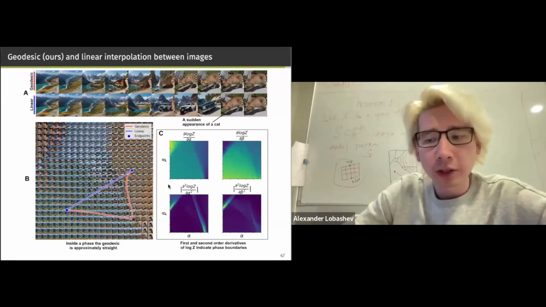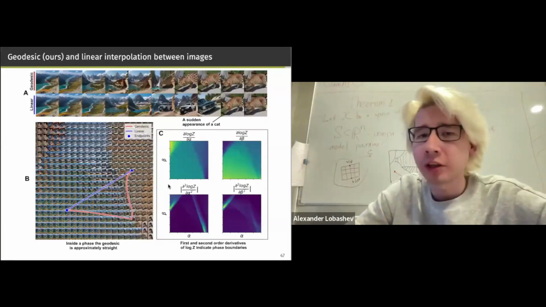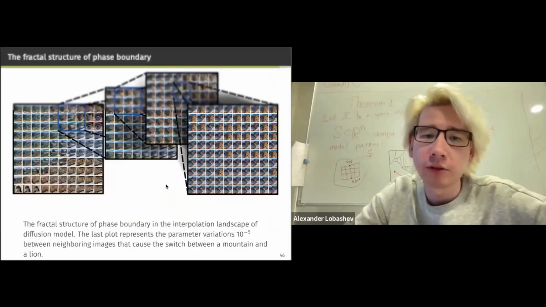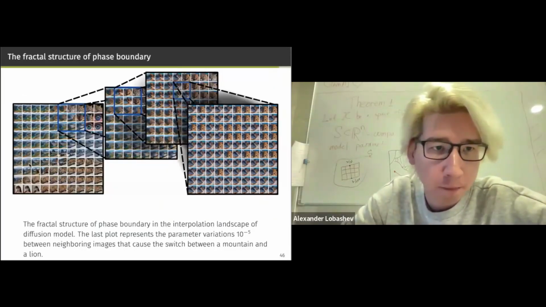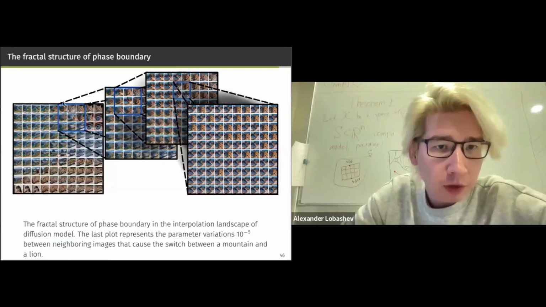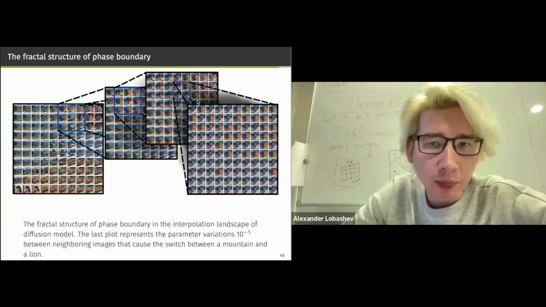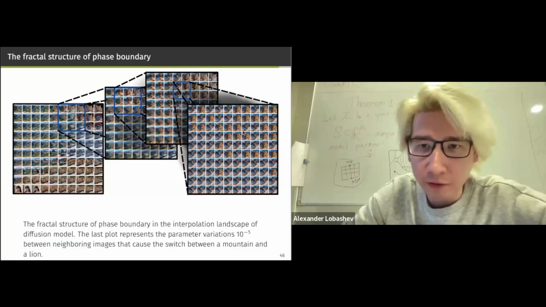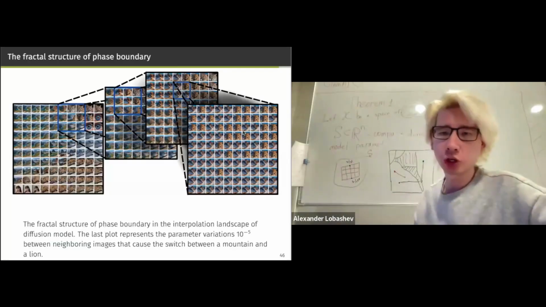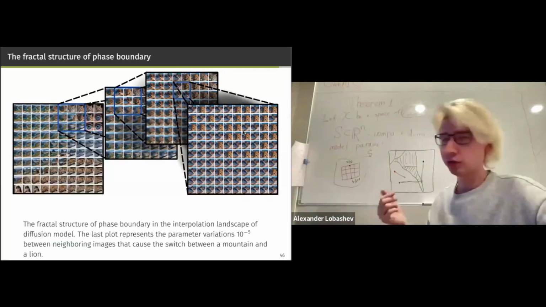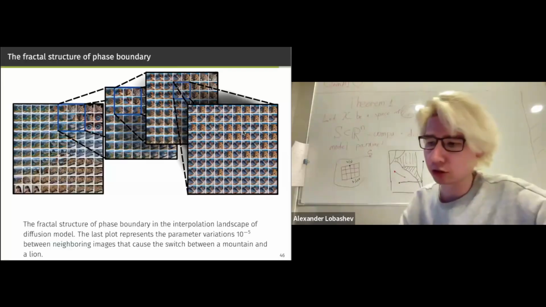And the question is, what happens on the boundary of these phase transitions? If we zoom in on some region, we will zoom a lot until we have just a small change of latent, which is of the scale of floating point change.